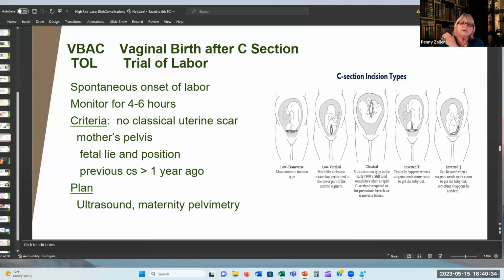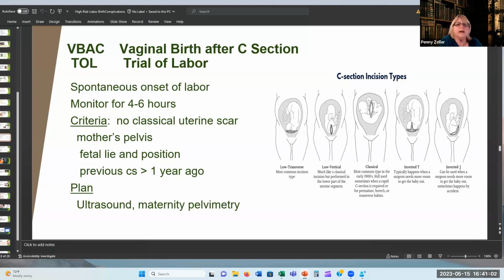And if there's no complications and it's progressing nicely, we can let her deliver vaginally. But if she's laboring for 4, 6, 8 hours and there's not much progression, we'll go ahead and do another C-section. Okay, so the trial is just to see if she has progression in a safe manner.